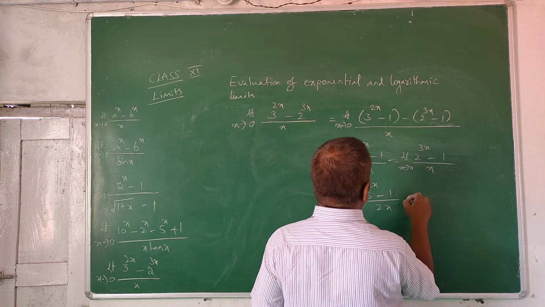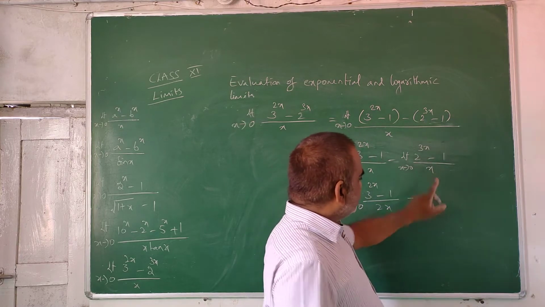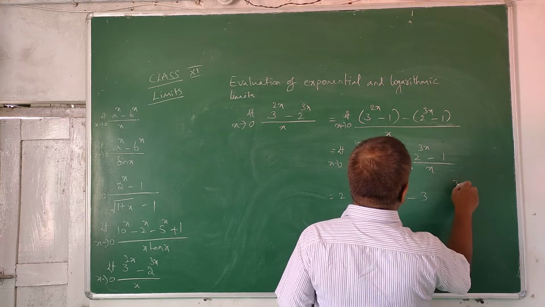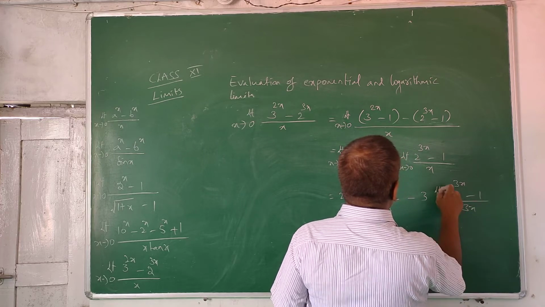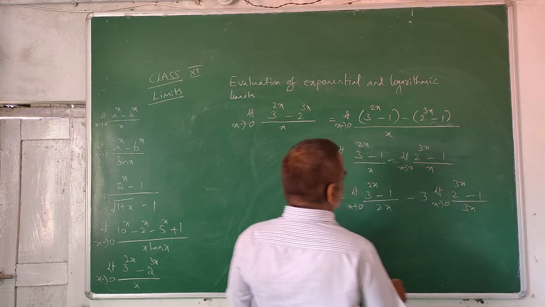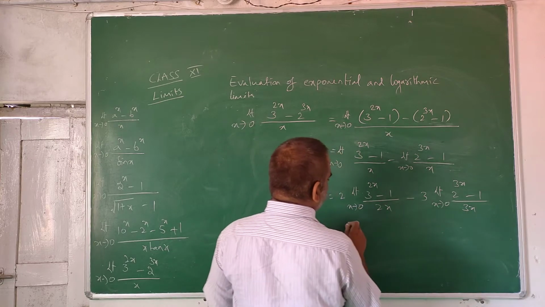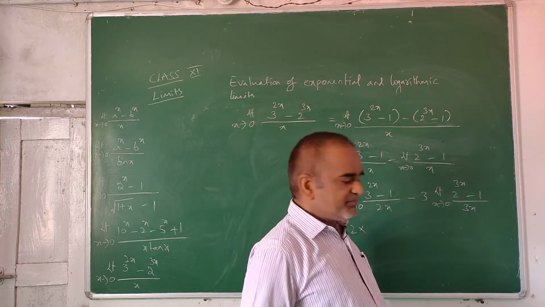Here also multiply, here you are seeing 3x, so here you have to see 3x. For that, 3 into 2 power 3x minus 1 by 3x, limit extends to 0. So here multiplied and divided by 2, here multiplied and divided by 3. So now that standard form can be applied.